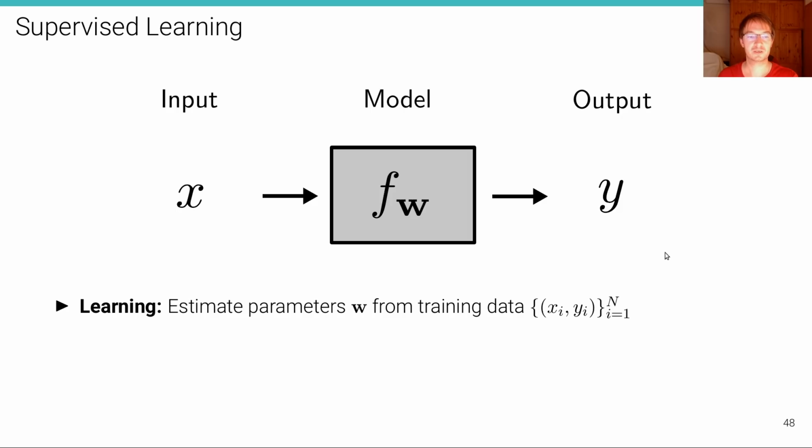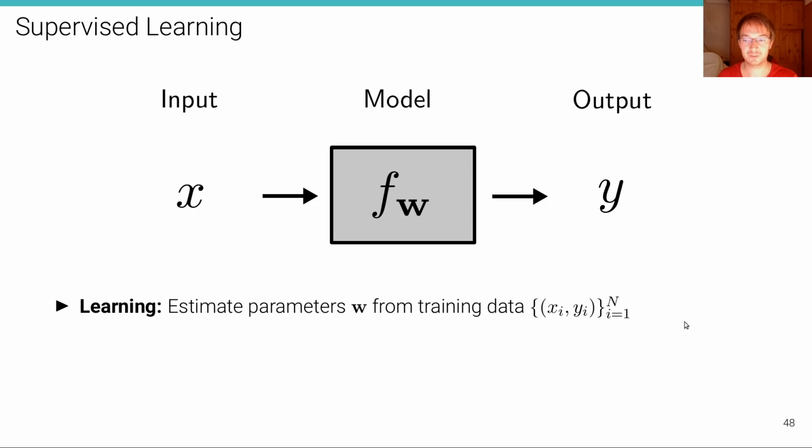There are two main tasks that are interesting to us machine learners. One is the learning task, which entails estimating the parameters w from a training set of x and y pairs in the supervised learning case.